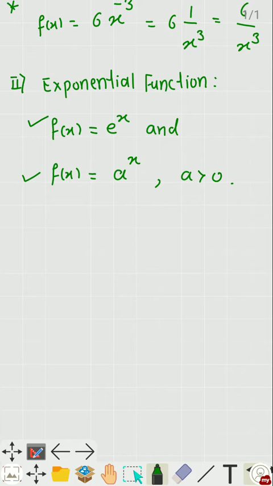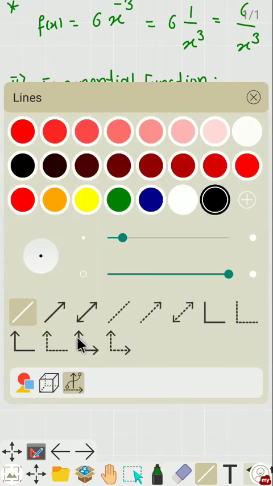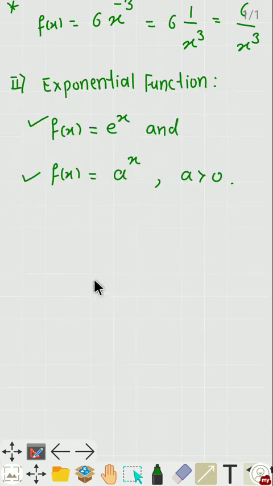So let us go to the graph of these two functions. The graph is very simple. Let us try to draw the first graph, of the exponential function.